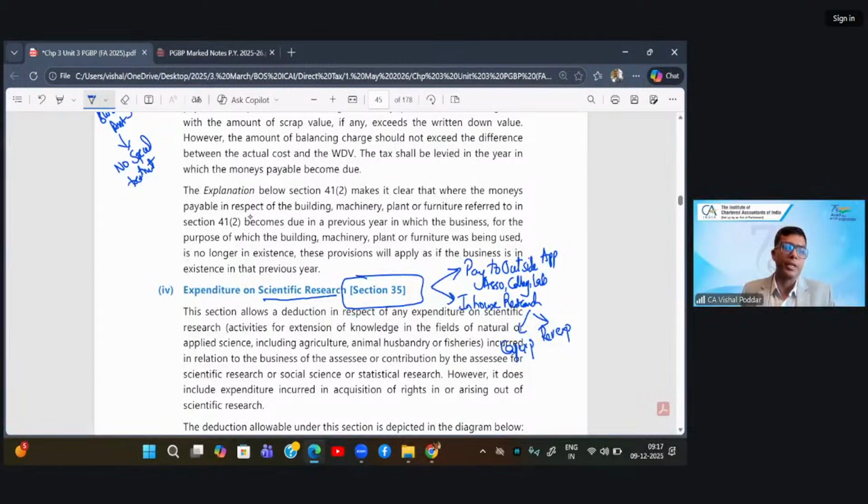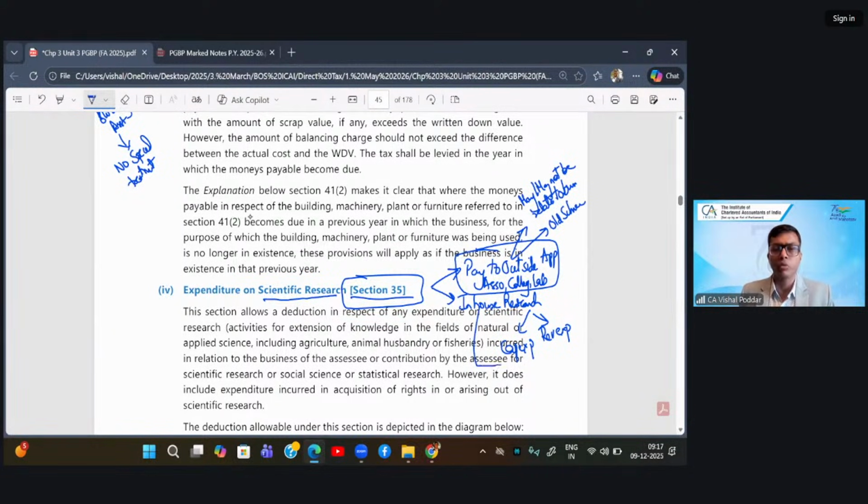Now, interestingly, both these deductions are covered in section 35. Importantly, where the research is done by some outside person, the research may or may not be related to business. Still, we will allow it. But important, it is allowed only under the old scheme. So under the new scheme, this deduction is not allowed.